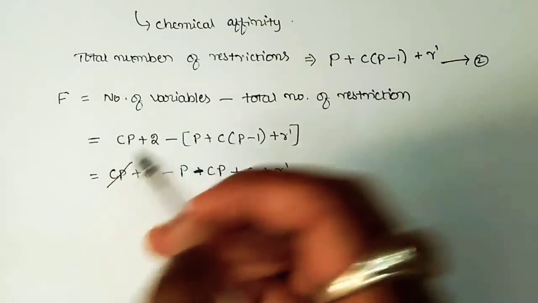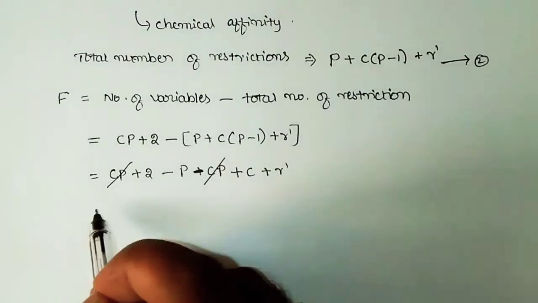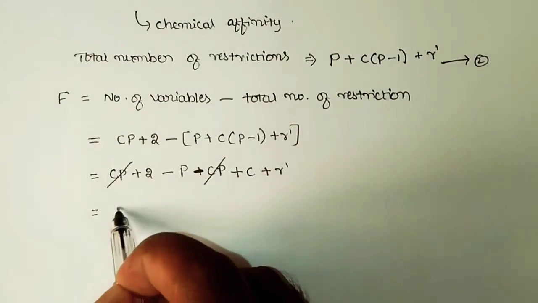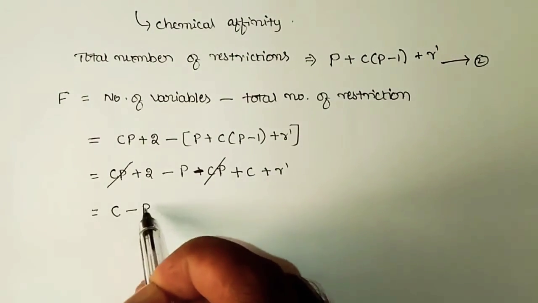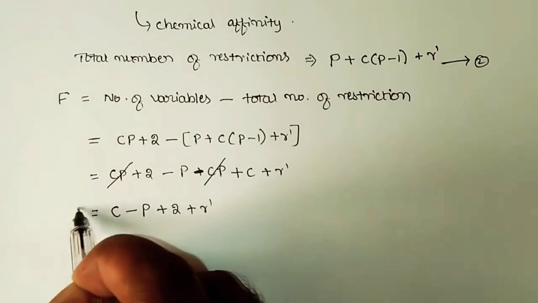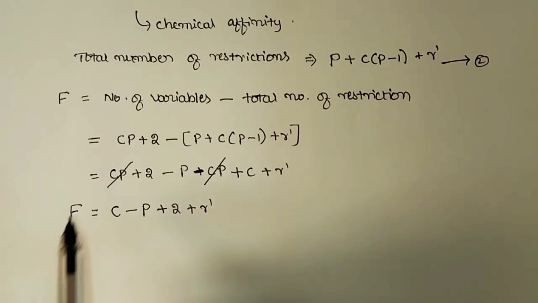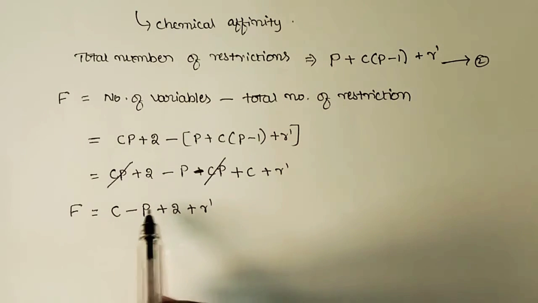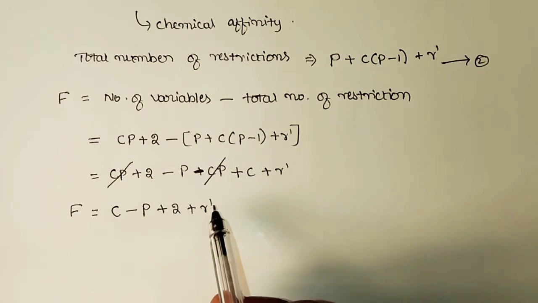Here plus Cp minus Cp will get cancelled and the remaining things will be C minus P plus 2 plus R dash, and that will be equal to F. So we got F is equal to C minus P plus 2 plus R dash.